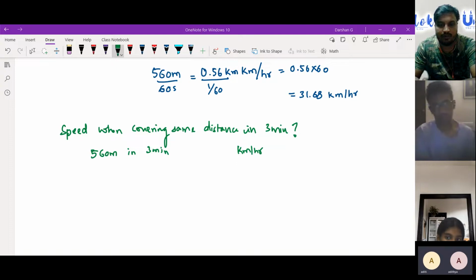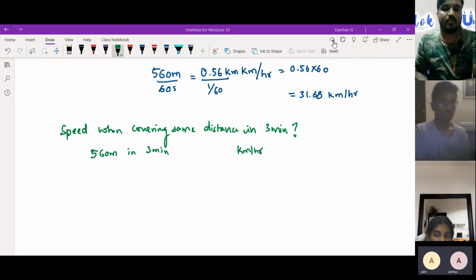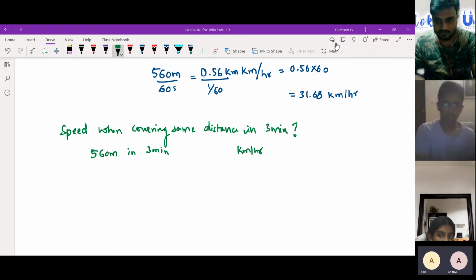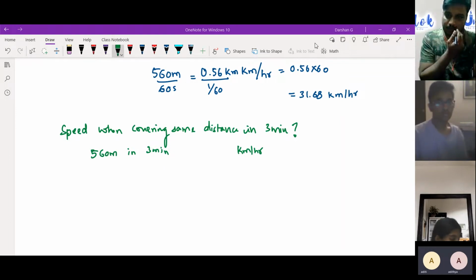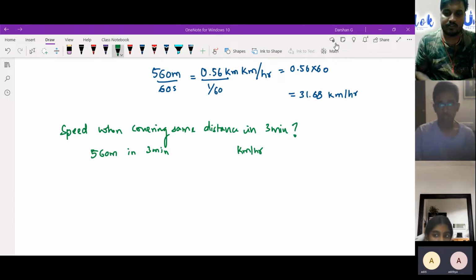11.2. Okay, fine. Let's wait for one more. People who have got the answer can confirm this. Yes, it's 11.2. There is no second decimal point. Shruti, did you get the same answer?